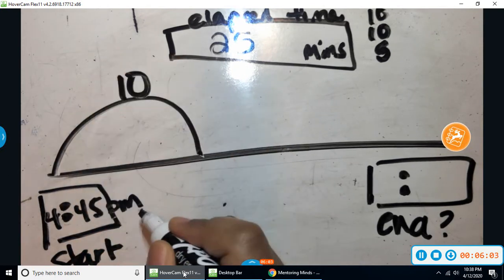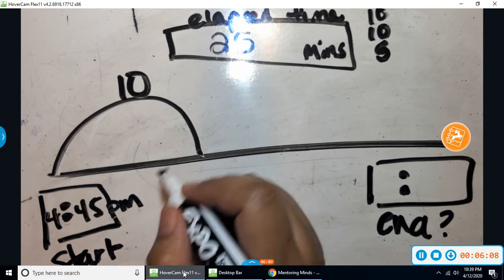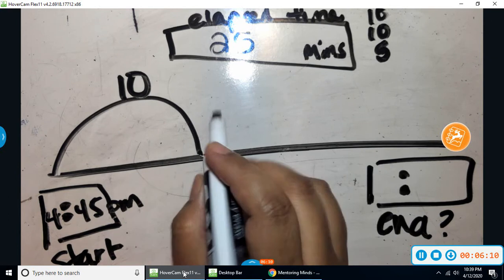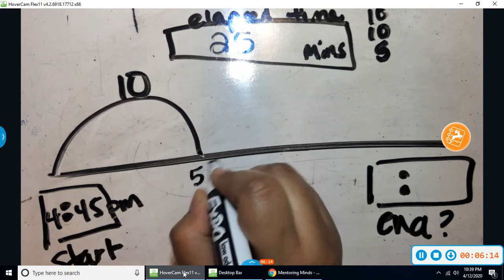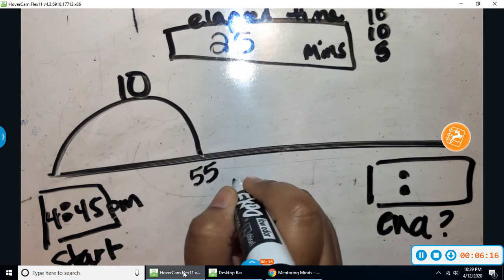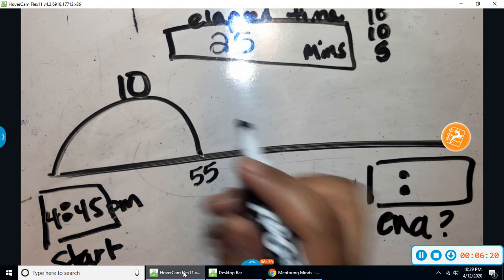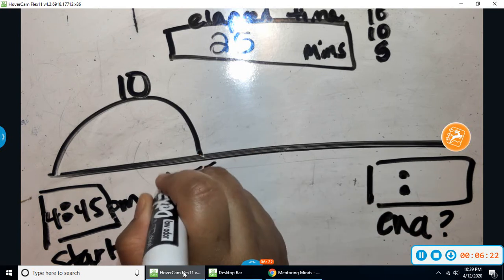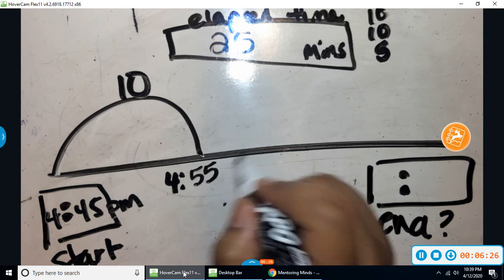So 10, an interval of 10, so 45 plus 10, that means I'm going to change the tens place, makes 55. Since I haven't made it past 59 yet, it's going to stay at 4. Okay, so it's 4:55.